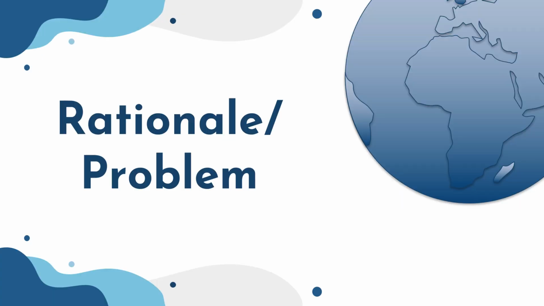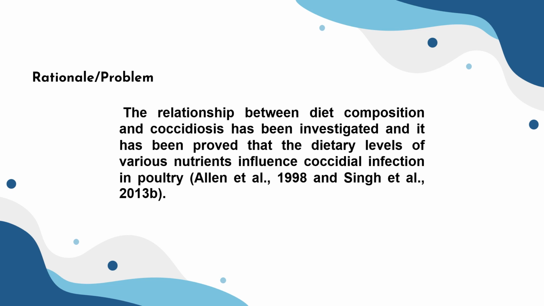Rationale or the problem. The relationship between diet composition and coccidiosis has been investigated, and it has been proved that the dietary levels of various nutrients influence coccidial infection in poultry.